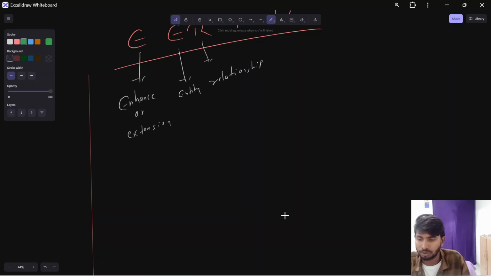With this ER model we can show complete real world relationships.